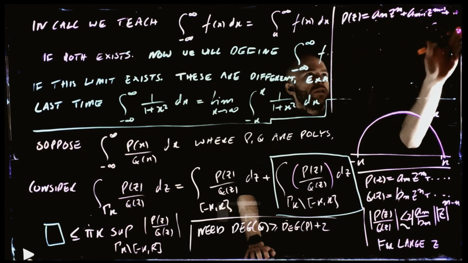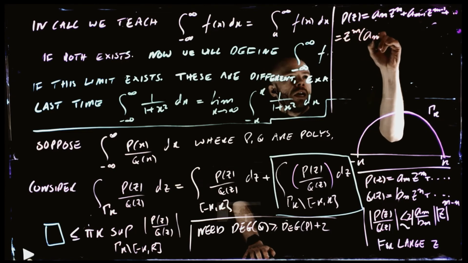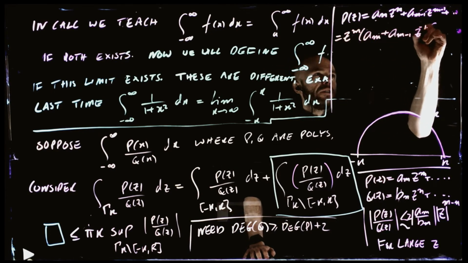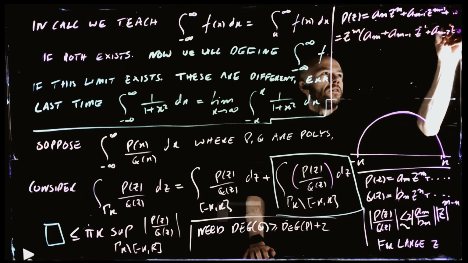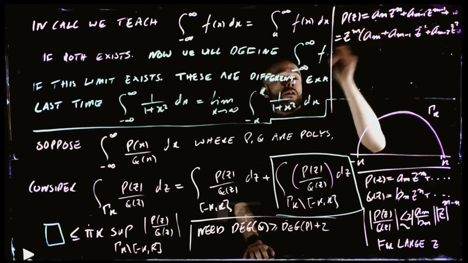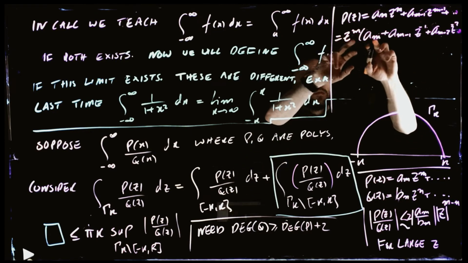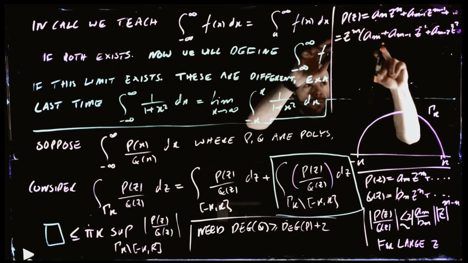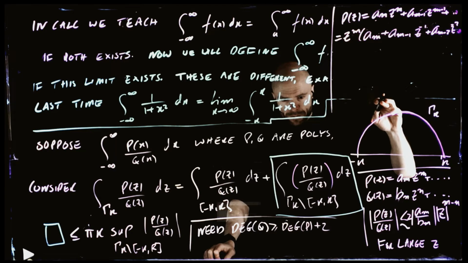Let's factor out a z to the m right at the front. So this is z to the m, and then we have am, and then am minus 1 z to the minus 1, and then am minus 2 z to the minus 2, and so on. Yeah? So for very large z, this becomes more and more just like z to the m times am, because all of these terms here are just going down to 0. Yeah?